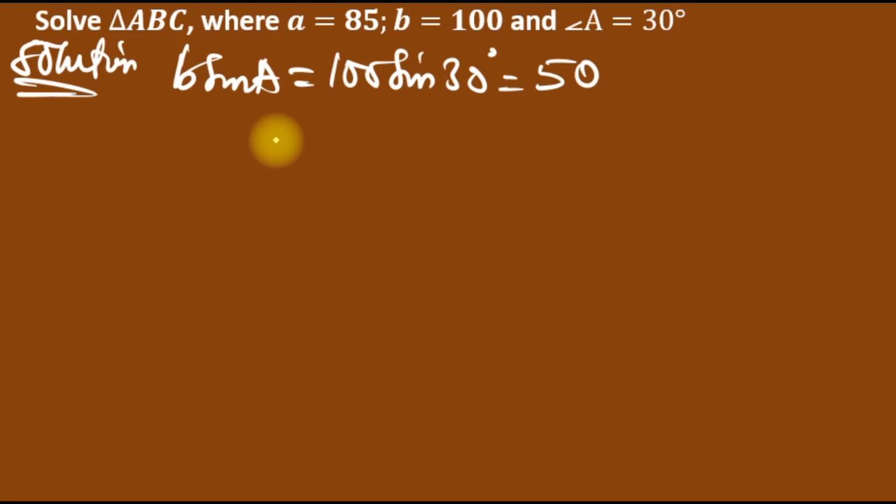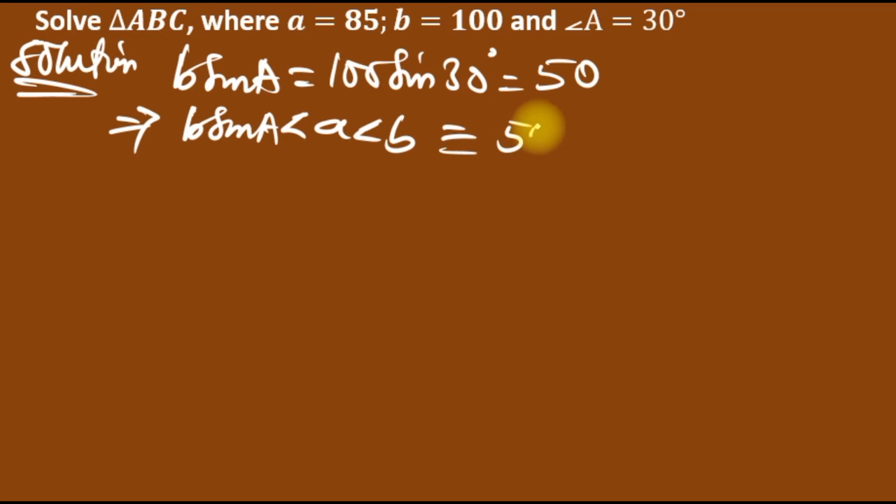So you now notice that b sine A is less than a, and a is less than b, as you can see. b sine A is 50, while a is 85, and b is 100.